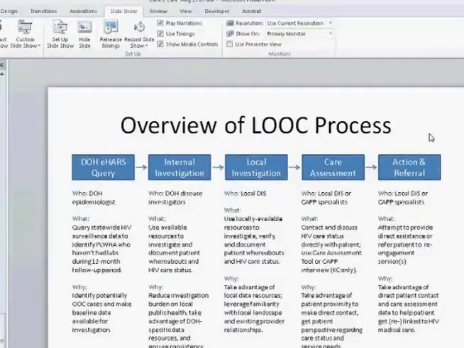For us, the second group that we needed to work with was the local health jurisdictions. One of their concerns was, there's been a lot of renegotiation of what the role of public health is versus community-based organizations as we've moved more into the area of data-driven services.